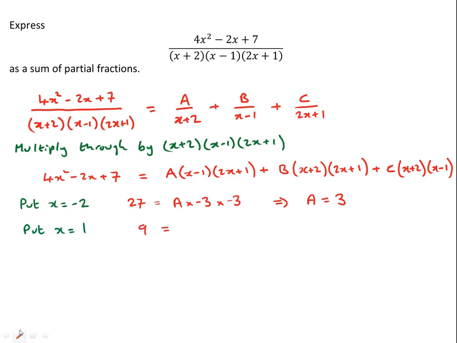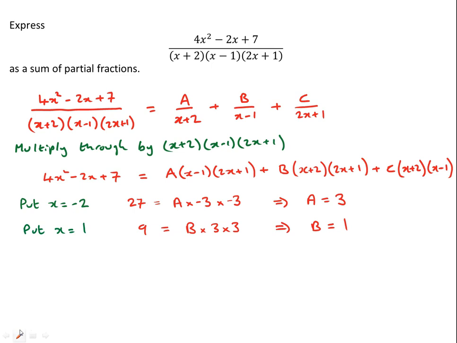The right hand side, when x equals 1, we've got a times nothing plus b times 3 times 3, so that is 9b, plus c times nothing. So what we've got is 9 equals b times 3 times 3. In other words, b must equal 1.